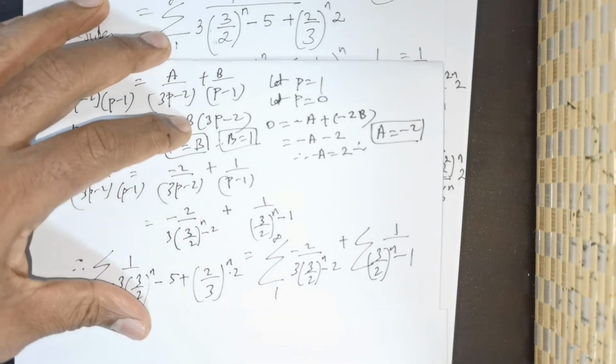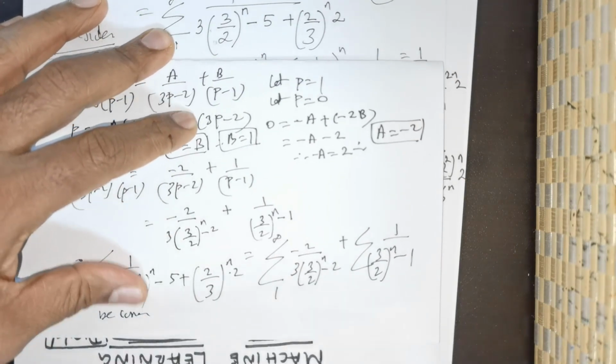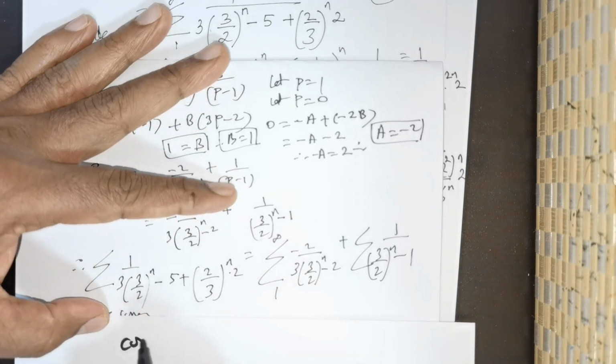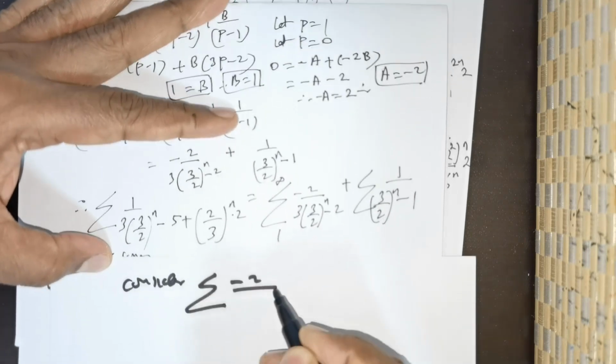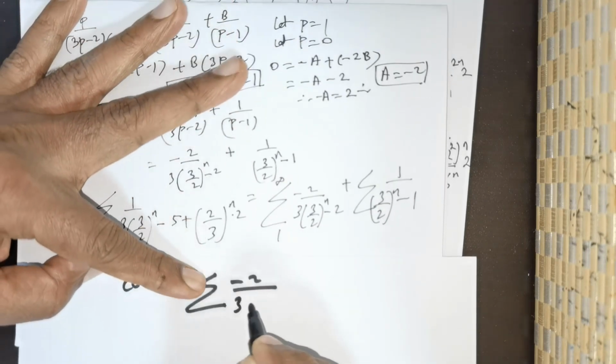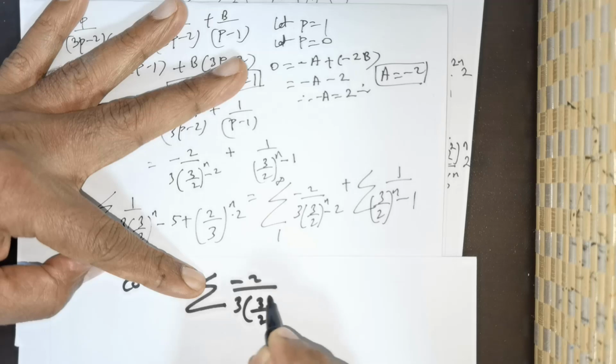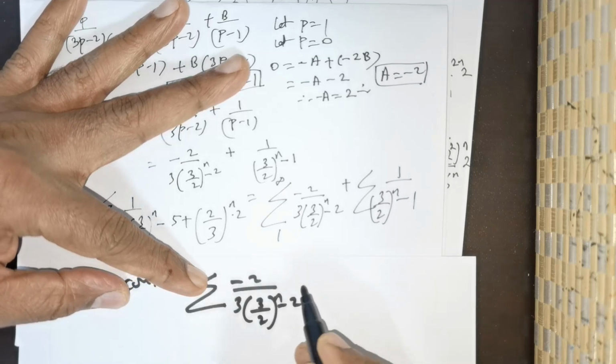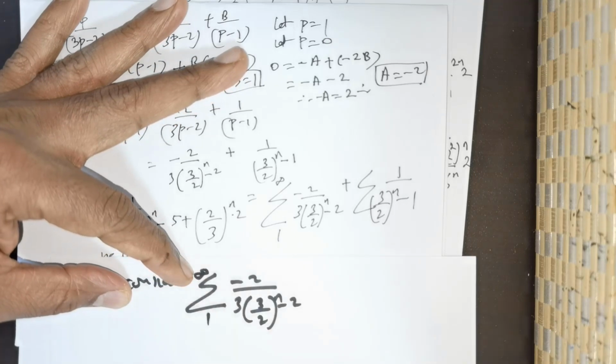Okay, so what I wish to do is consider sigma negative 2 over 3 times 3 over 2 raised to the power of n minus 2. Now let me take 2 out. This is 1 to infinity.